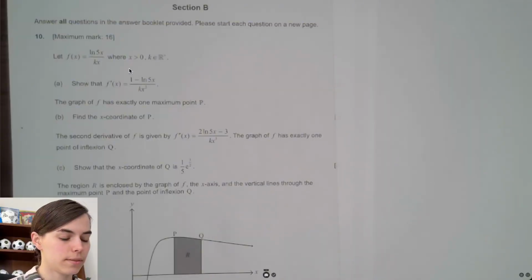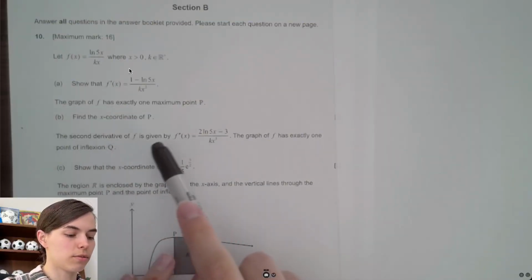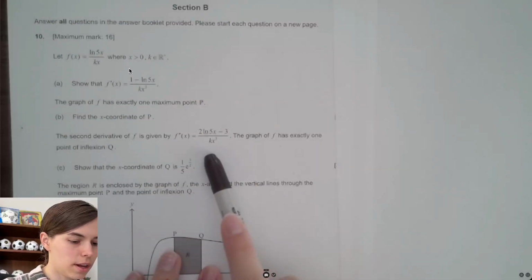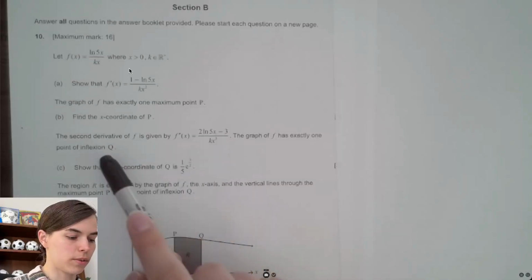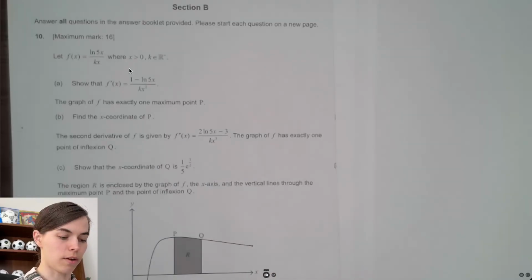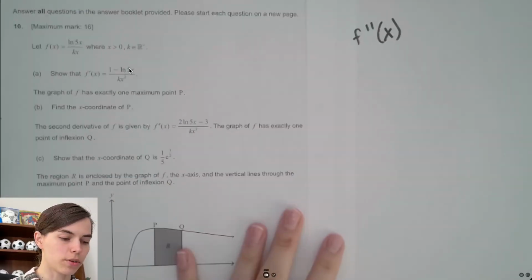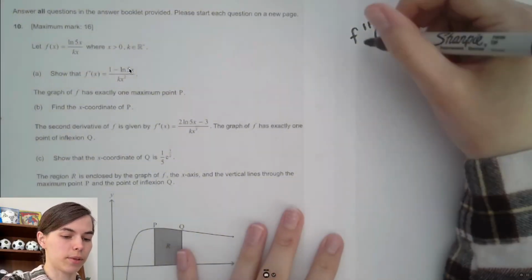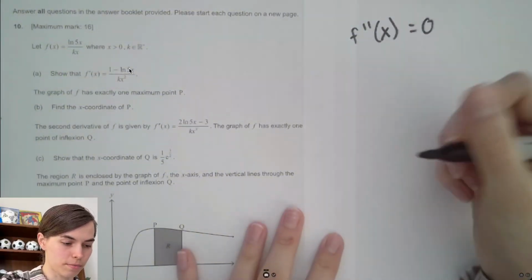So now part C tells us the second derivative of f is given by this, and the graph has exactly one point of inflection q. Show that the x-coordinate of q is 1 over 5 times e to the 3 over 2. So basically all we do for this one is we find when the second derivative is equal to 0.